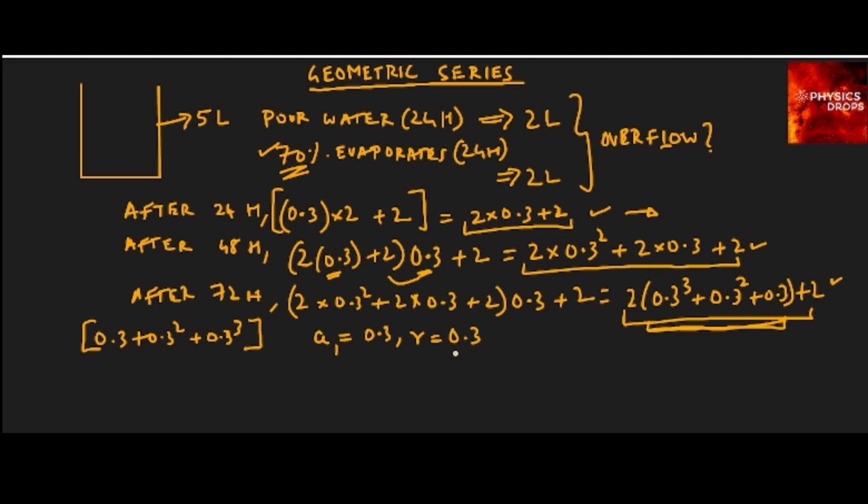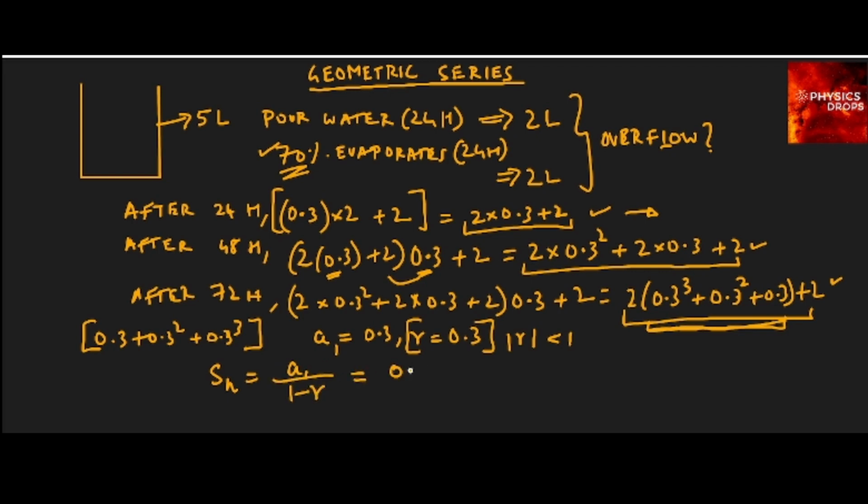Now we also know that whenever the magnitude of the common ratio is less than 1, it's a converging geometric series. The sum of the series would converge to the first term a1 divided by 1 minus the common ratio.